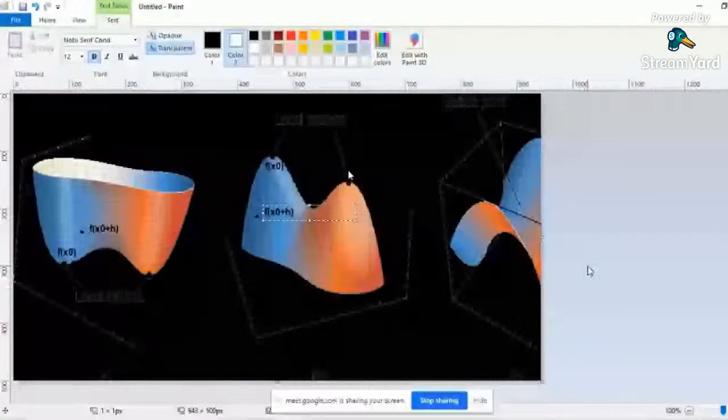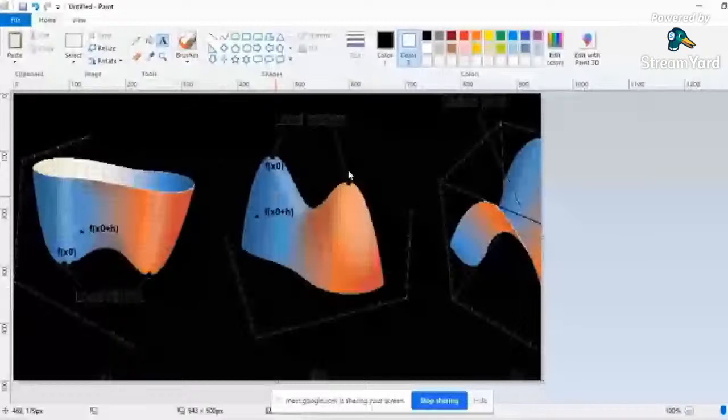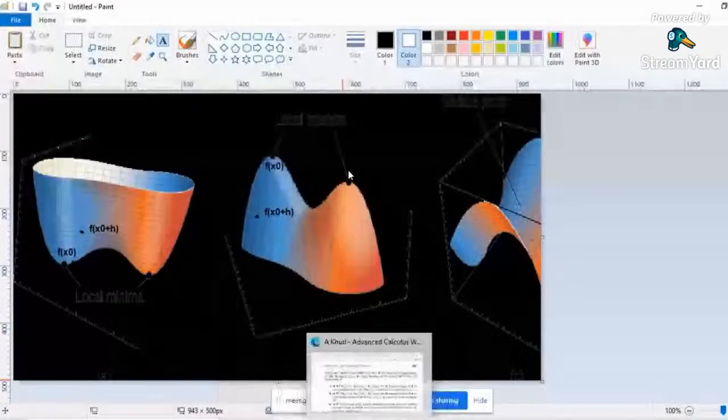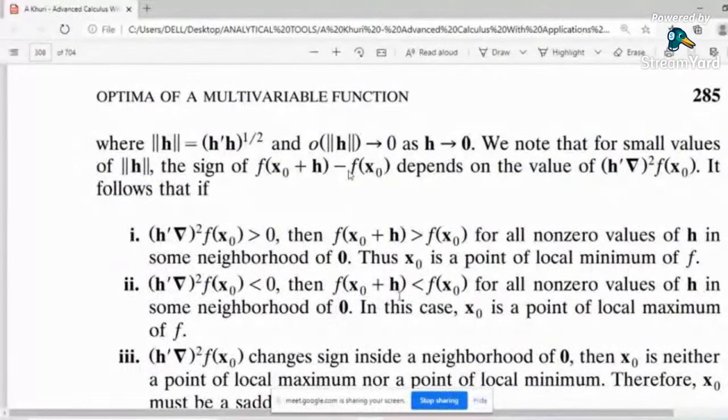So all the f of x naught plus h will be less than f of x naught in the multivariate sense. That is explained here: f of x naught plus h is greater than f of x naught in one case, and f of x naught plus h is less than f of x naught in the other, for all non-zero h in some neighborhood of 0. In the latter case, x naught is a point of local maximum of f.